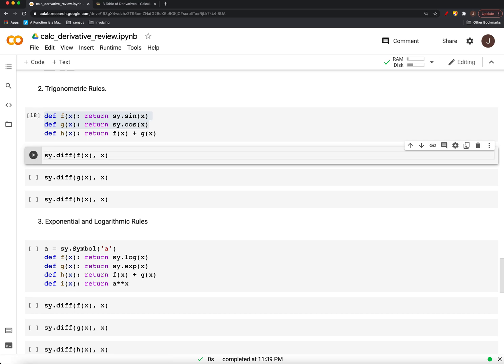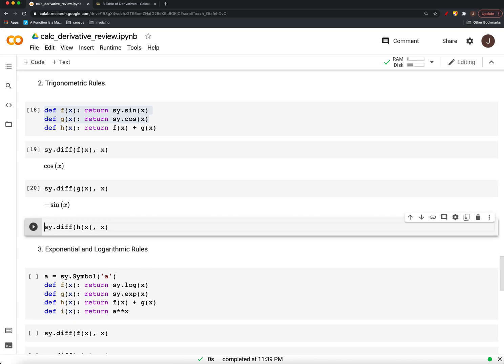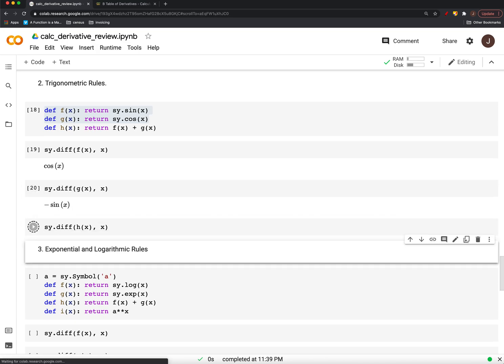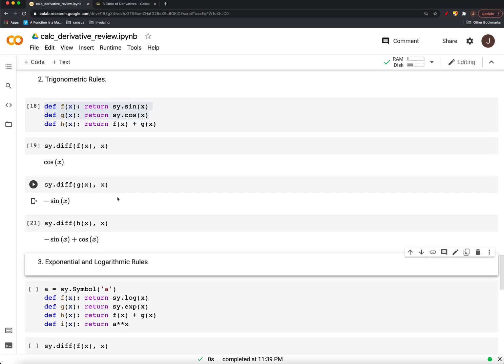I won't be able to find a symbolic derivative if I try to use NumPy to determine this function for the sine or cosine here. But the derivative of sine is cosine, the derivative of cosine is negative sine, and again, that sum rule holds. The derivative of the sum of those two functions is just the sum of their individual derivatives.